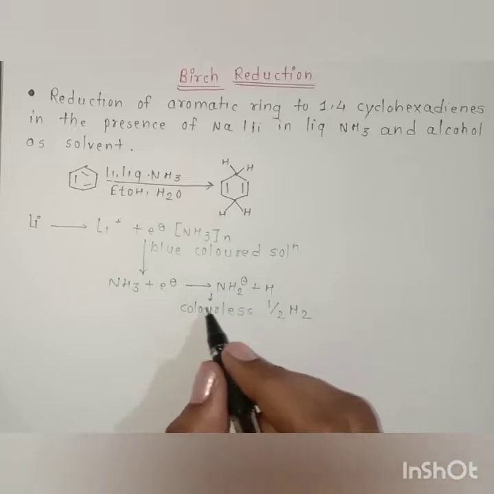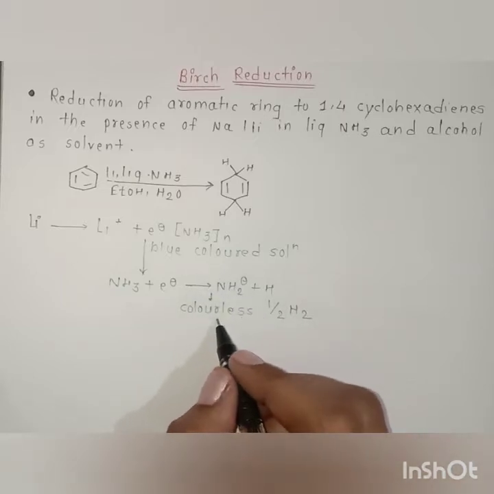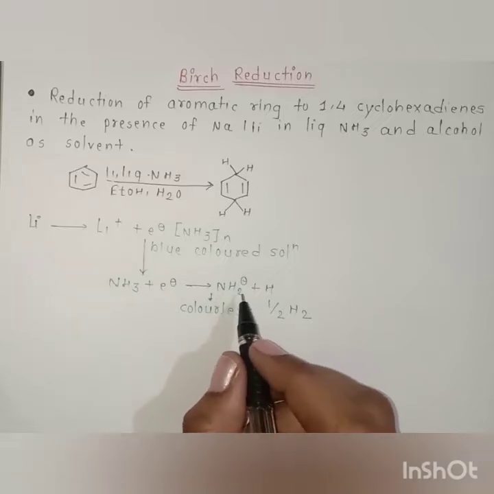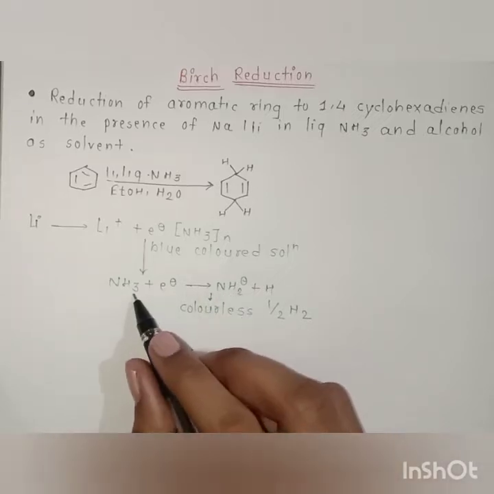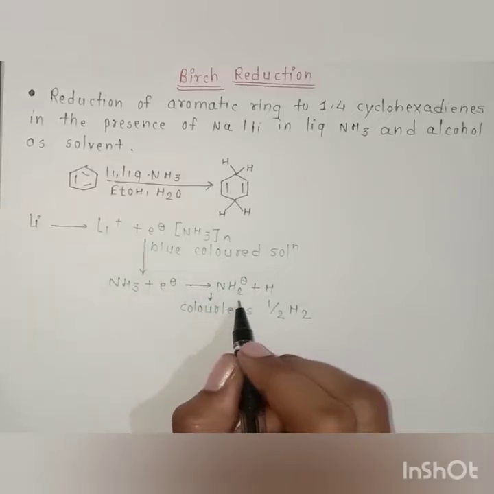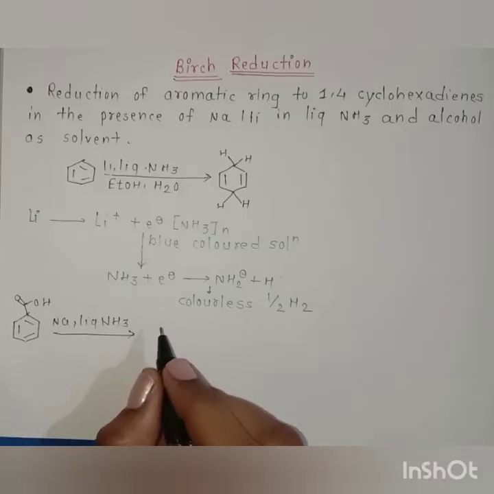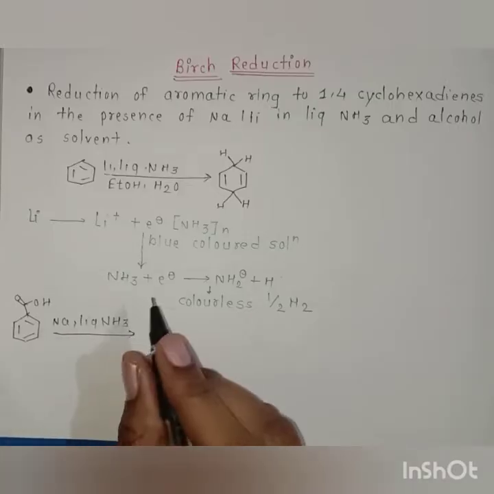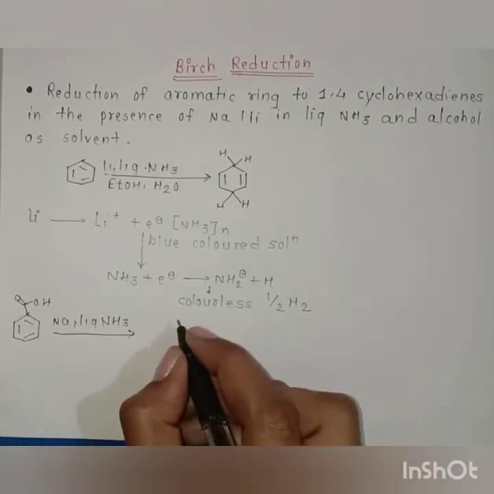Now, due to this NH2 minus, the solution becomes colorless and it indicates the reduction of the ammonia to NH2 minus. We will discuss the mechanism of the Birch reduction.